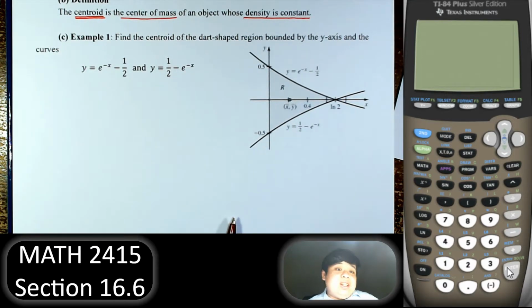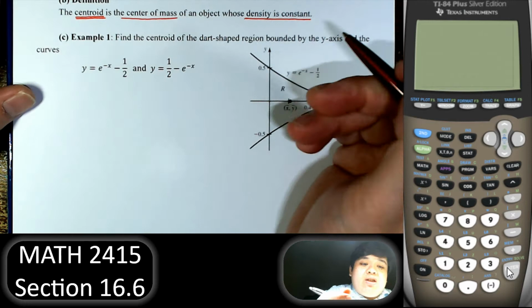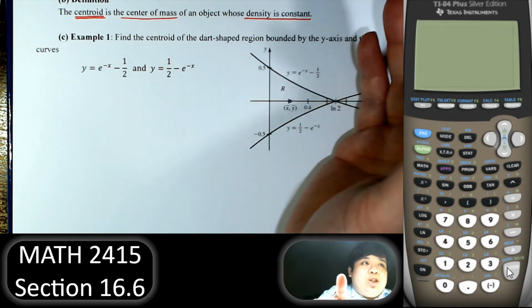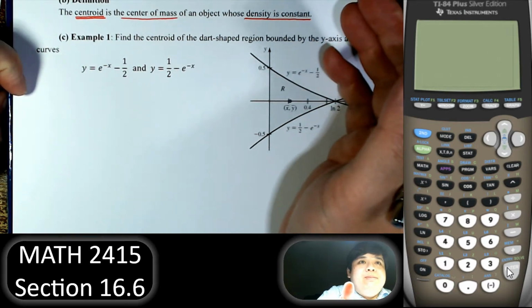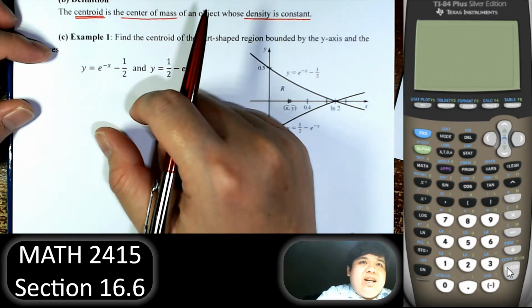So a centroid is just a center of mass where density is equal to a constant. If it is constant, we can just assume it to be 1, or we can just put a constant there. It doesn't matter.